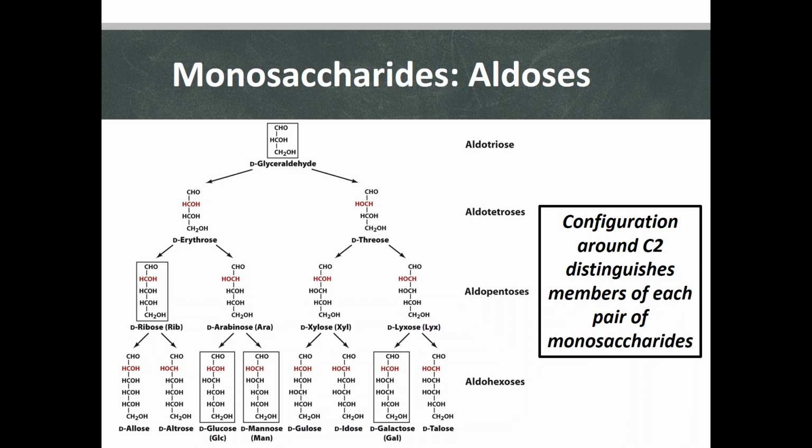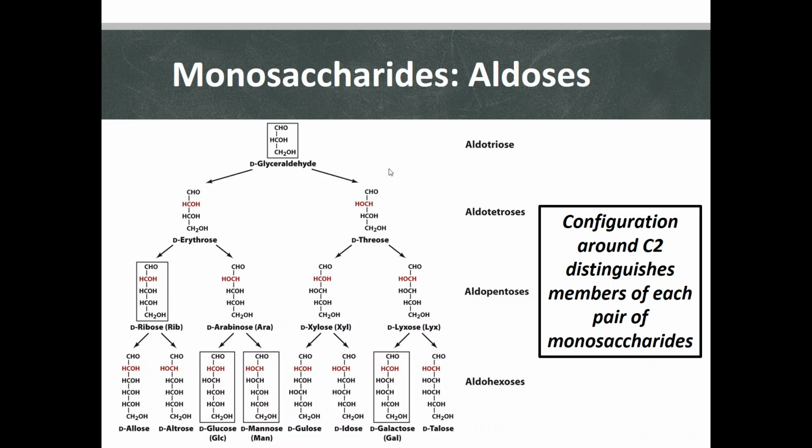Now, let's imagine a situation where we start growing the monosaccharide. We start inserting additional chiral centers. So let's take glyceraldehyde and let's throw in a new chiral center between the aldehyde group and the original chiral center right here. Okay, so that gives us 2 new monosaccharides.